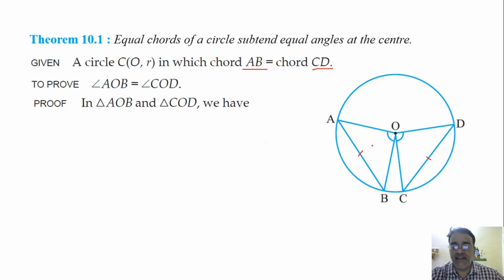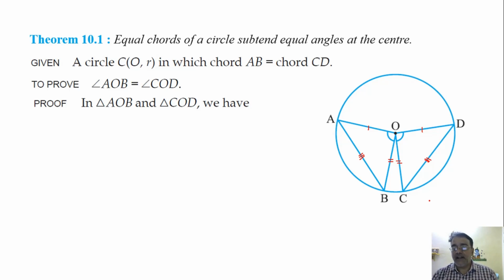So we'll start directly with these two triangles, and we are going to prove them congruent. How will we prove it? See, these two sides are equal. Why? Radii of the circle. Very good. And these two are also equal, radii of the circle. And this is also equal. Why? Given.